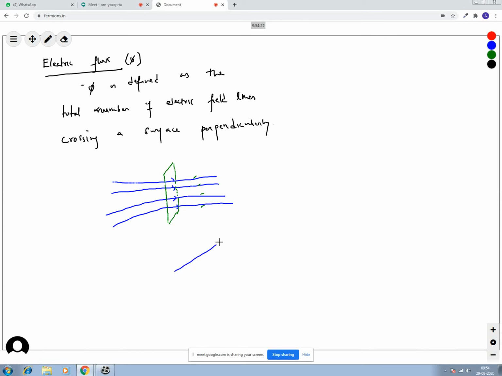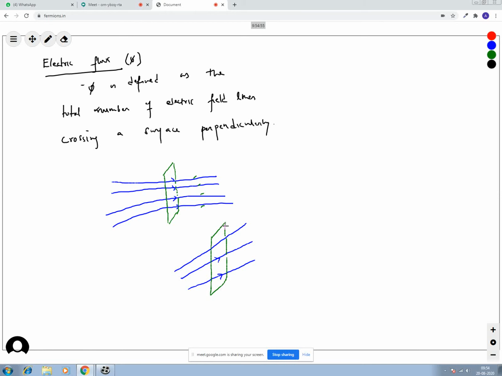Now let's say this is the electric field, and you have placed the surface like this.